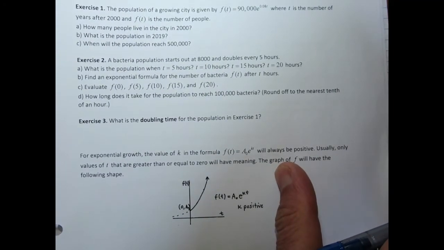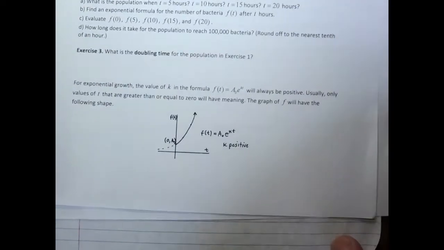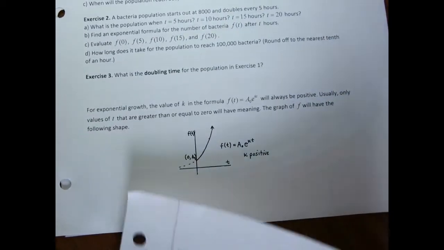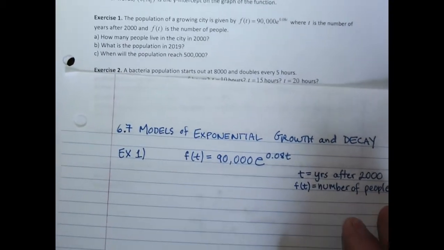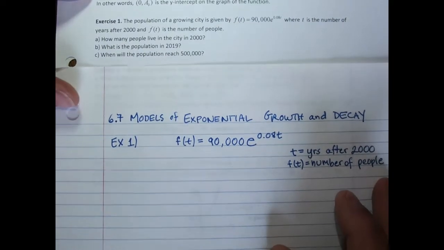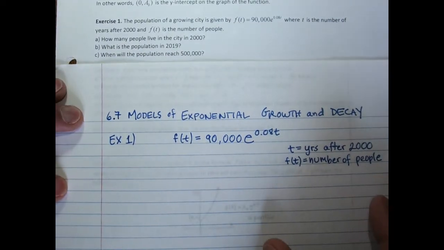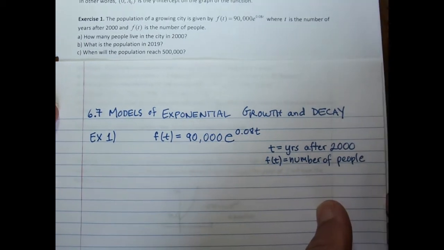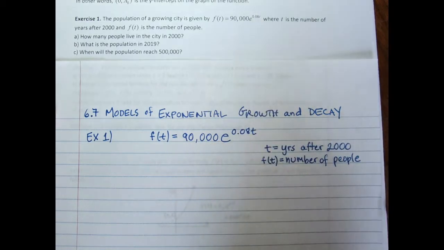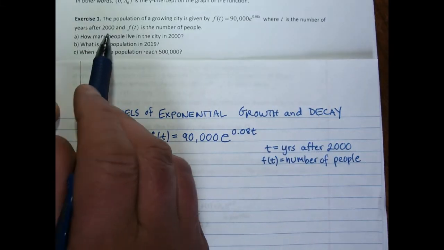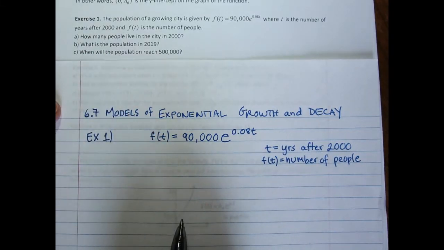In exercise 1, we're told the population of a growing city is given by the function f of t equals 90,000 e to the 0.08 t, where t is the number of years after 2000, and f of t is a number of people.